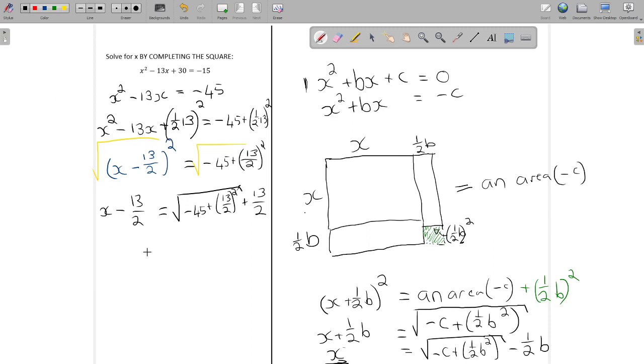Sorry, plus 13 over 2, just this 13 over 2. I've added 13 over 2 to both sides. And there you've got your value for x. Now I'm not going to type this into my calculator, I don't have it handy, fortunately.